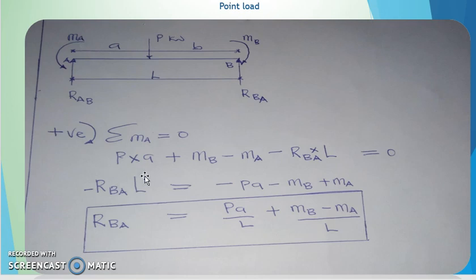That's why I have P times A plus MB, you can see the direction of it, minus MA minus RB, that's the reaction here, times L. You can see the reaction here is going anti-clockwise, is equal to 0. So when you do the arithmetic involved, you end up getting this formula.